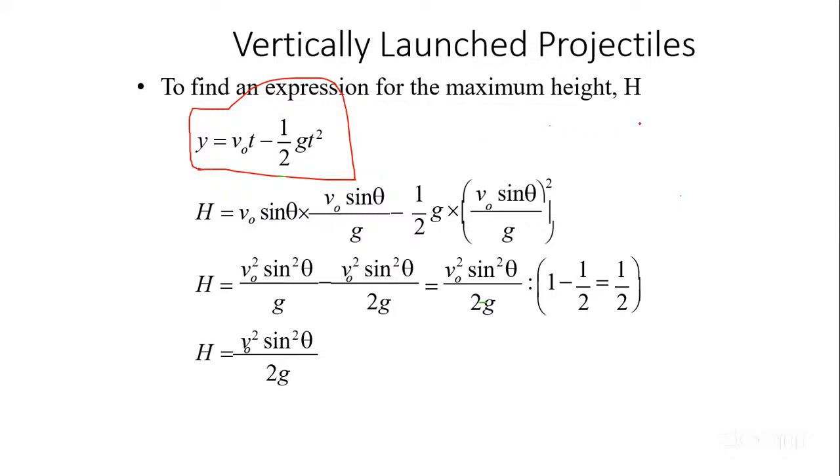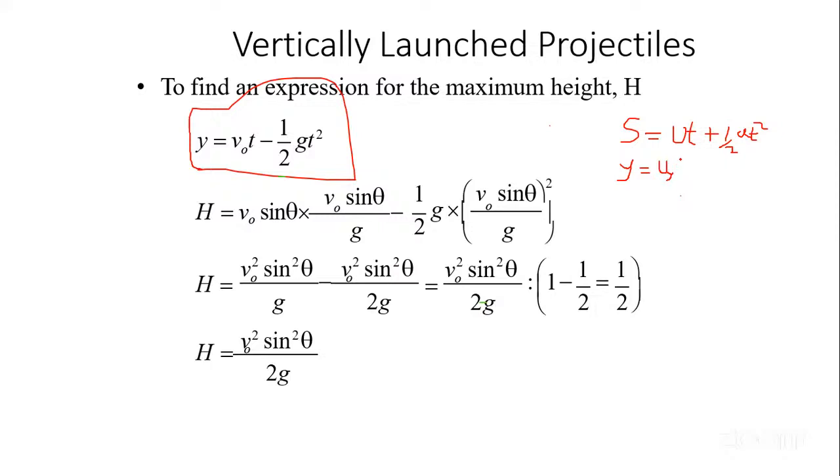Our general equation is x is equal to ut plus half at squared. Since we are talking of vertical motion, we can represent this as y, and our initial velocity will be u of y.